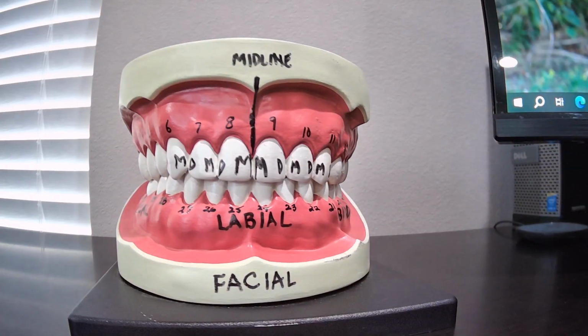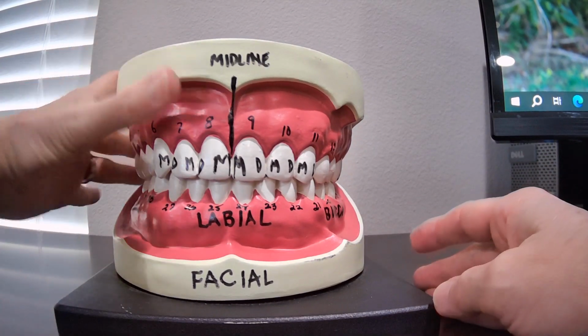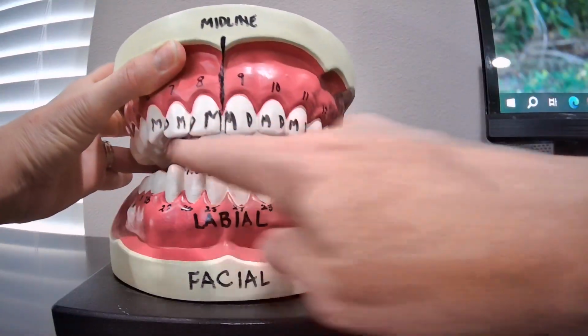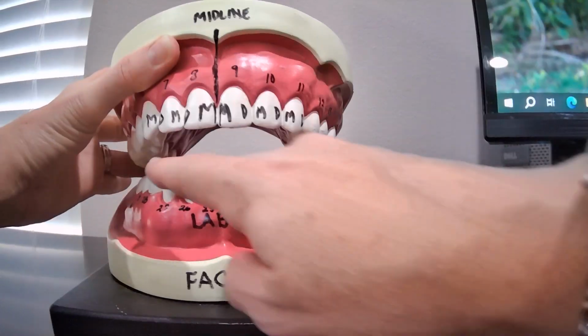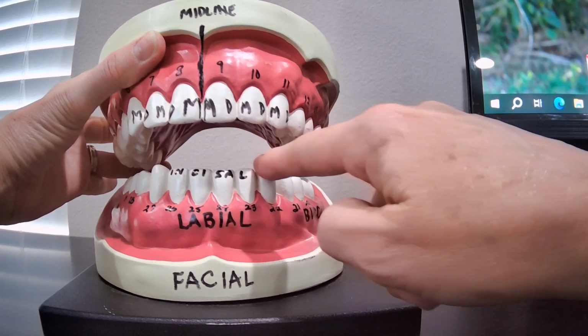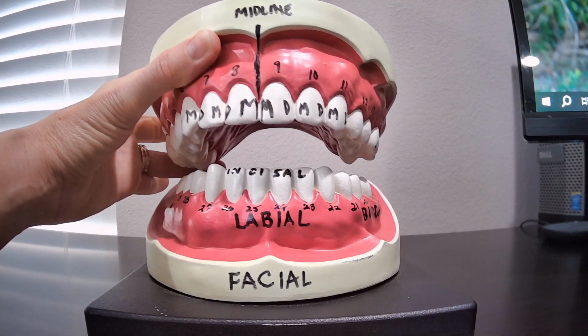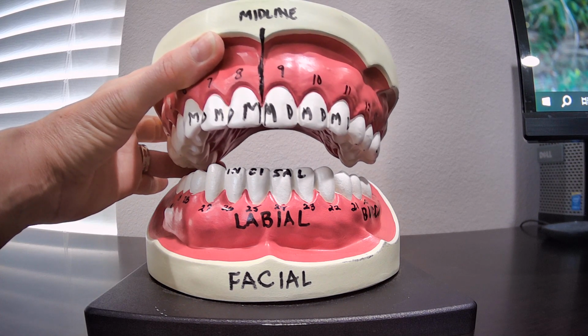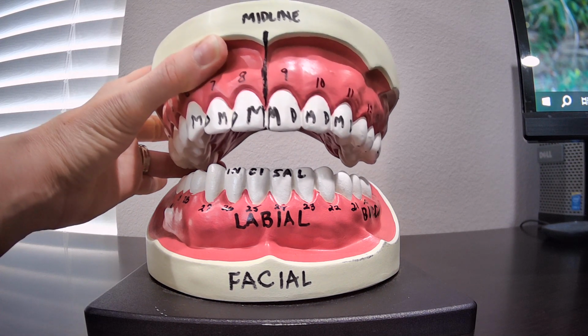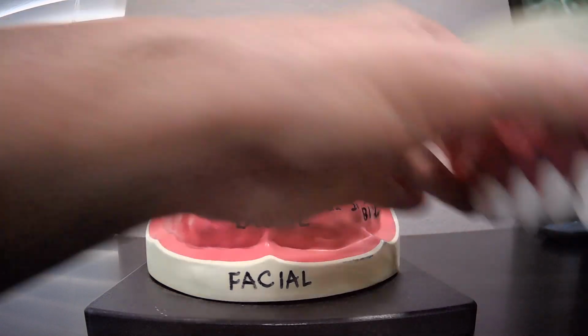Now we also have other reference terms. For the anterior teeth, the part of the tooth that is closest to the edge is known as the incisal edge, because those are all either incisors or canines, which is where the term originates. So it's the incisal edge from canine to canine.